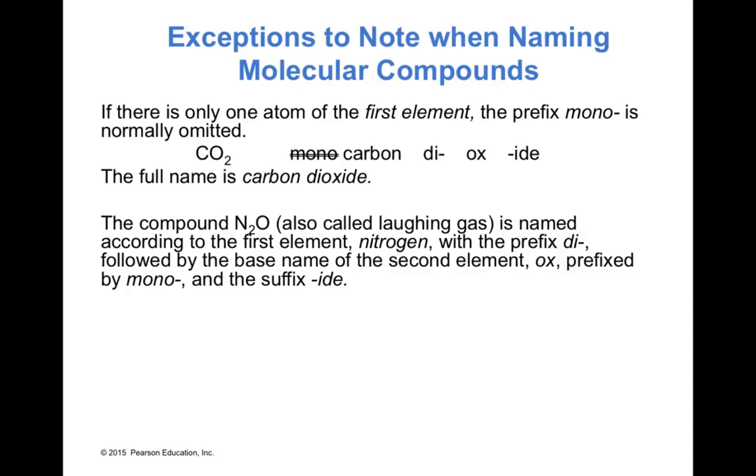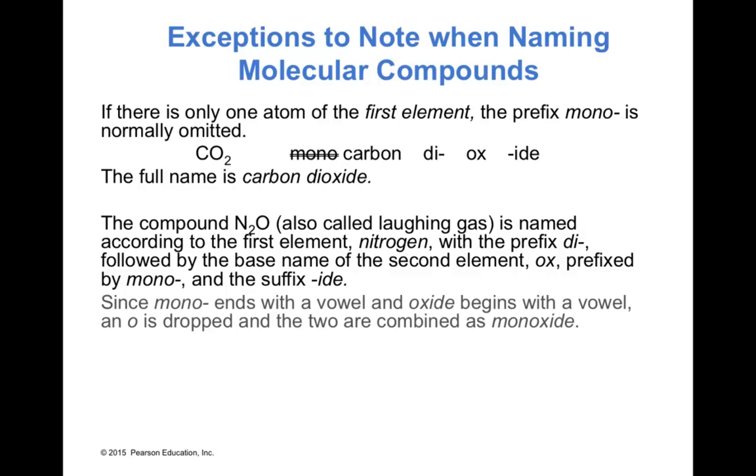Now, the compound N2O, also called laughing gas, is named according to the first element, nitrogen, with the prefix di, dinitrogen, followed by the base name of the second element, ox, prefixed by mono and the suffix -ide. Since mono ends with a vowel and oxide begins with a vowel, an o is dropped and the two are combined as monoxide.